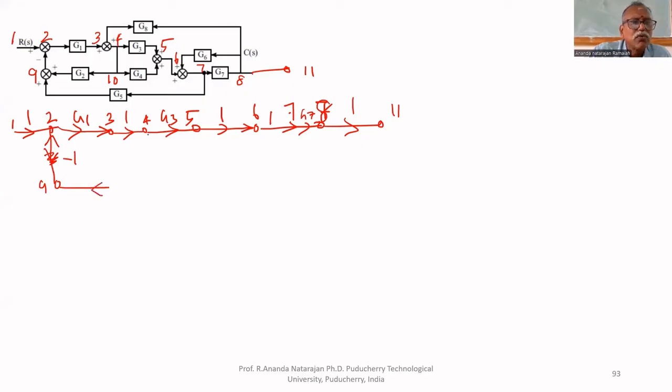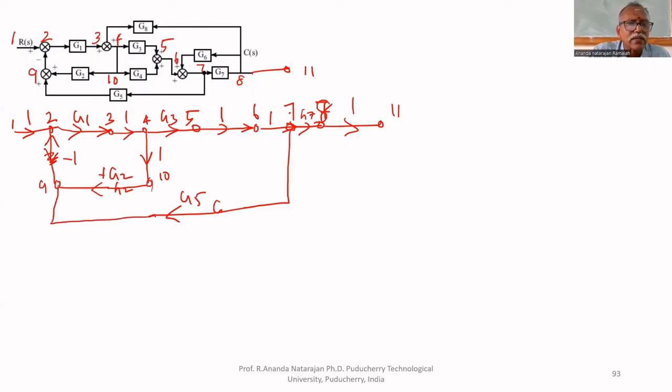Here below 4, 10. 10 unity. G2. Then from 7, 7 to 9 is G5.